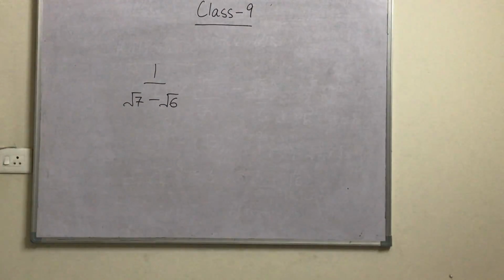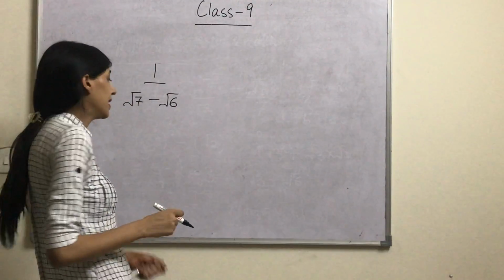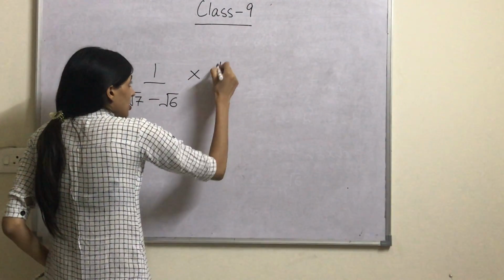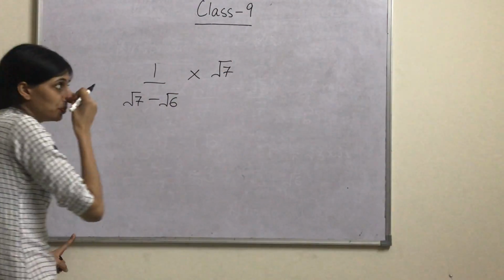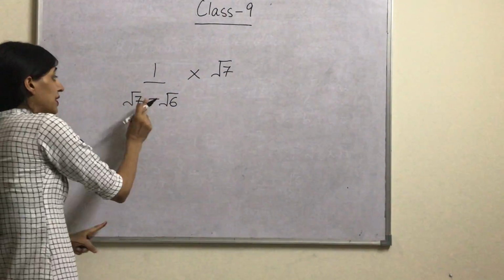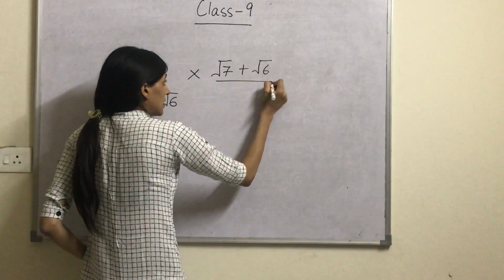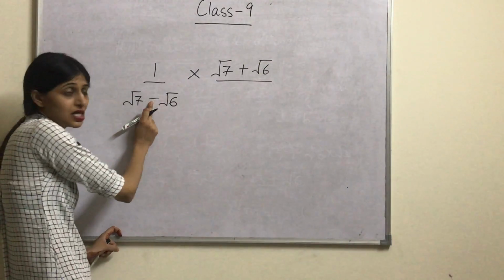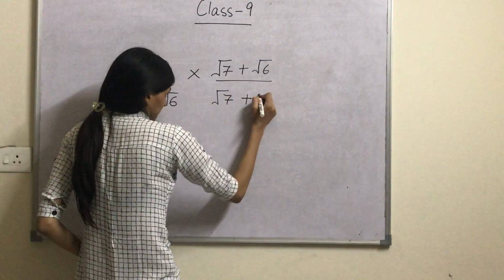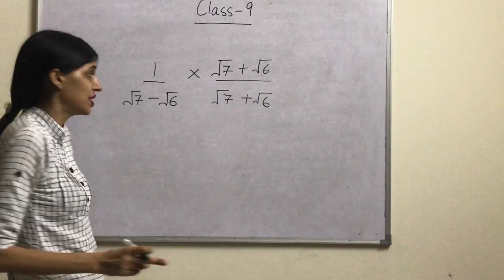Now look carefully. If this type of question comes that you have to rationalize the denominator, what you have to do is multiply the numerator and denominator by this number. But if there is minus, you will put plus here, and if there is plus, you will put minus in both the parts. This is the rule that you have to follow while rationalizing.